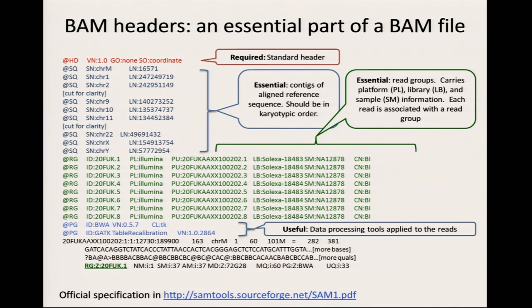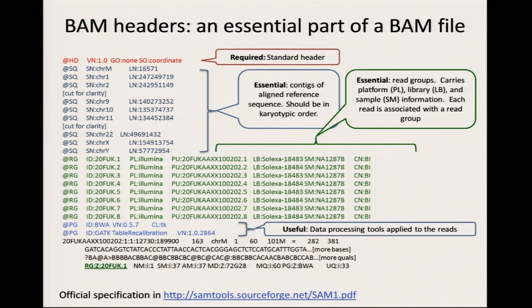Having this lookup table in the header is what allows you to do that, and that's very important. It also lets you know this file was processed with BWA and this is the version number, and then it was processed with the GATK and this is the version number. There's tons of really important information there if you care about the history of where this file came from, right?